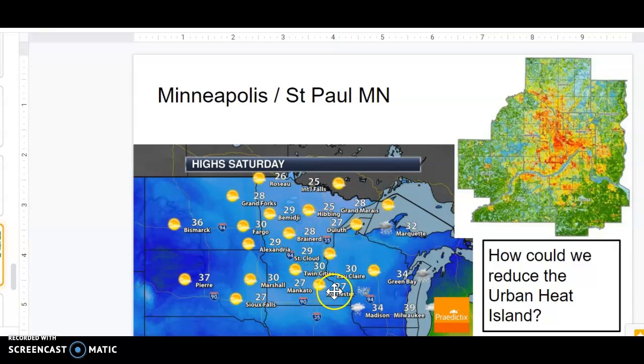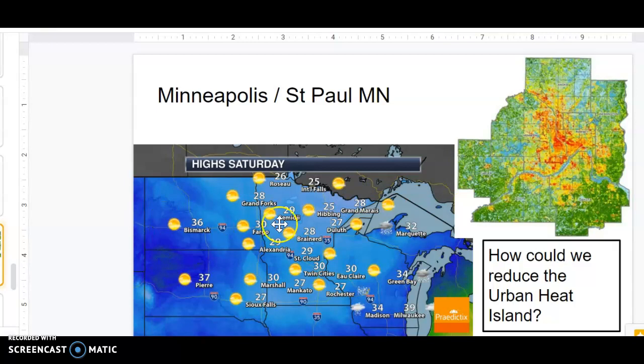Notice that from these temperatures, it shows 27 degrees in a lot of areas surrounding the Twin Cities, but then the Twin Cities itself is much higher than those temperatures. Other large cities tend to have higher temperatures too. It's because all the pavement absorbs a lot of the energy, and it creates this heat island. And that can actually affect things like weather in our area.